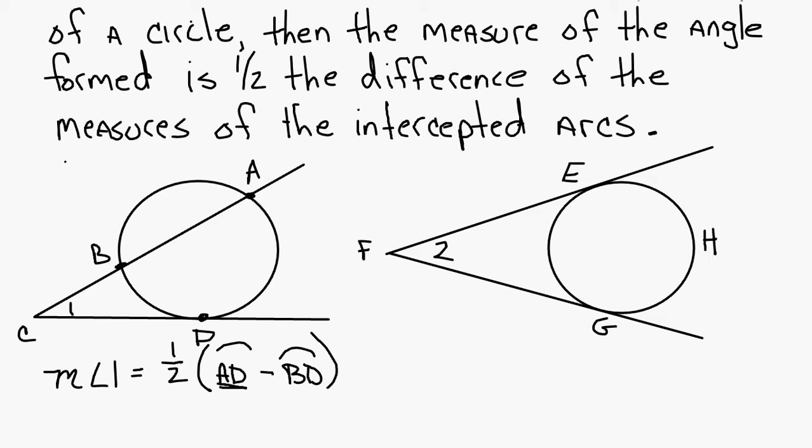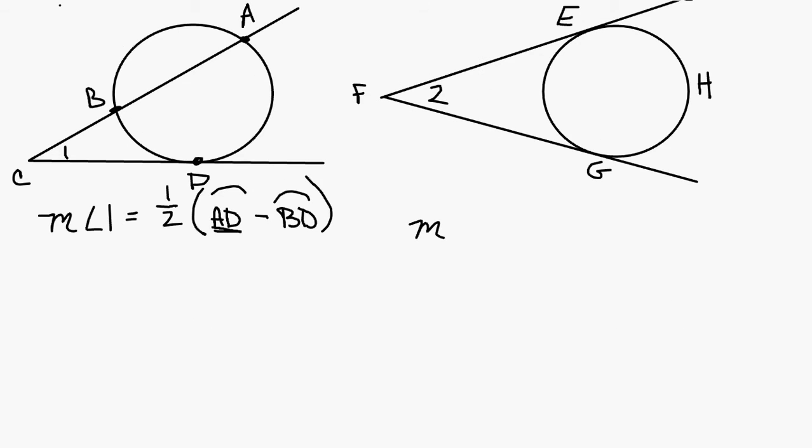So again, it's half the difference of the intercepted arcs. So the measure of angle 2 is equal to 1/2 of arc EHG minus arc EG.